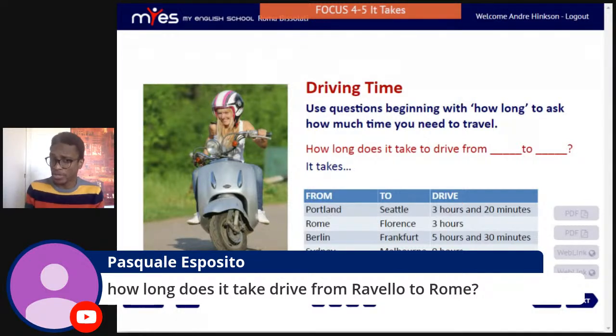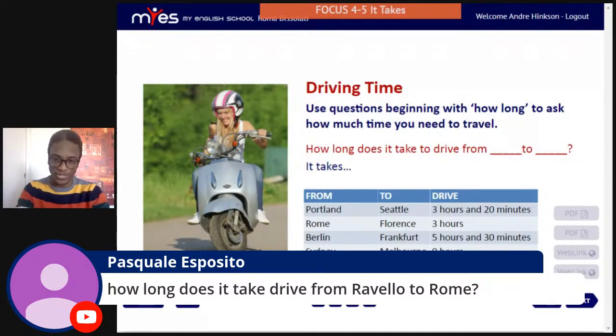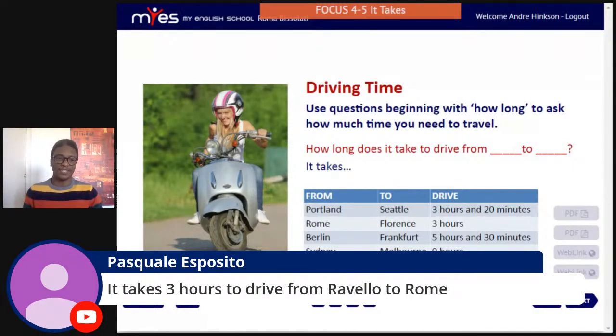It takes 3 hours to drive from Ravello to Rome. Oh, I was right. Yay. So it takes 3 hours to drive from Ravello to Rome? Thanks, Pasquale. So that's the length of time you travel from Ravello to Rome.